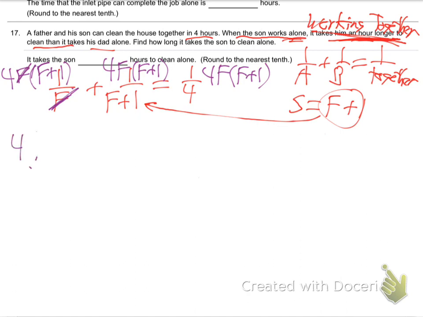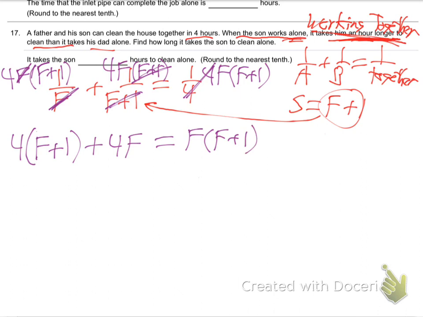We get 4(f plus 1) plus, and here f plus 1 cancels f plus 1, and 4 cancels 4, f(f plus 1).